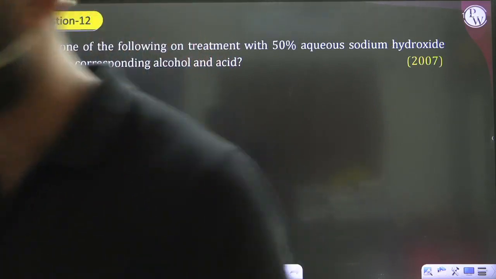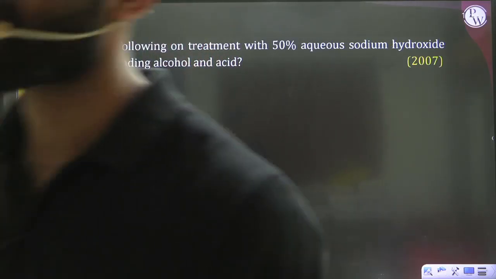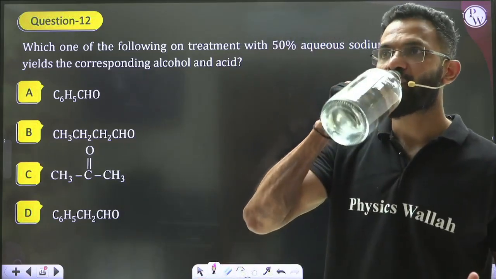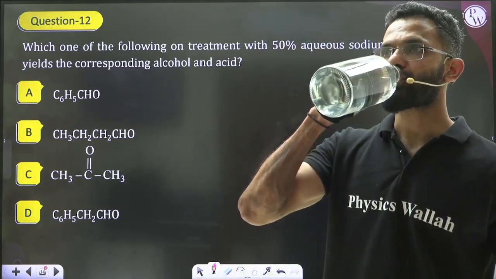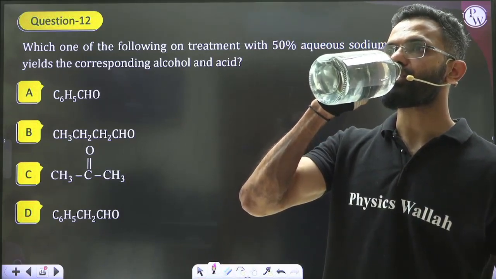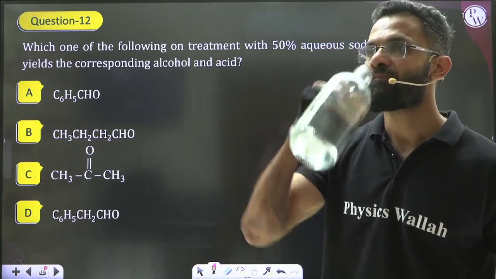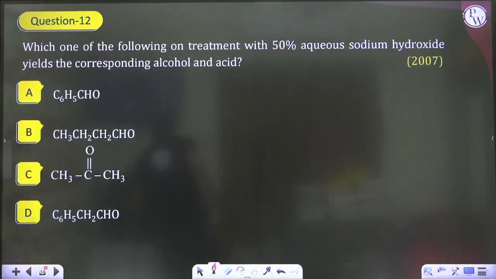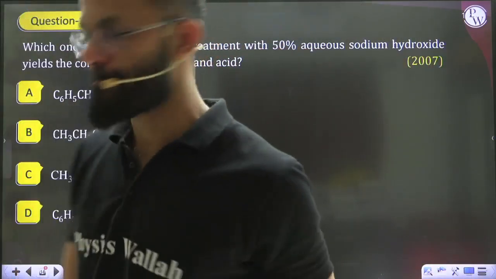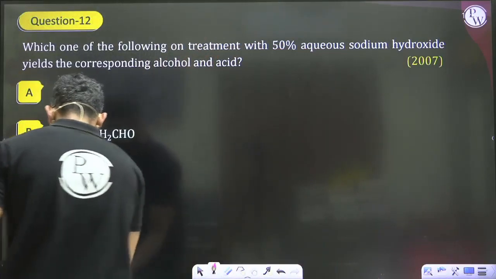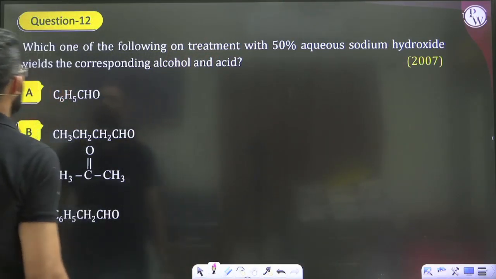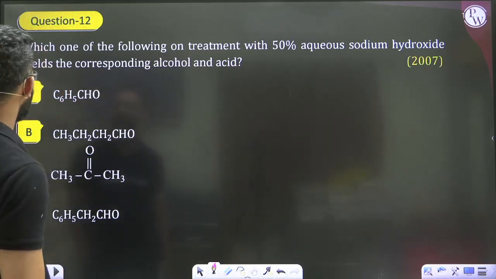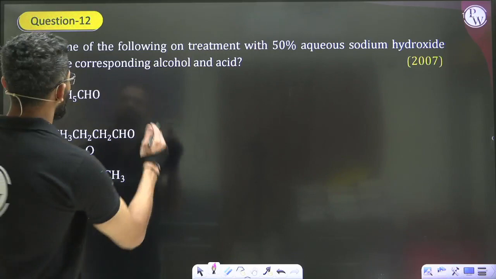Okay, everyone go through the question once again here. Okay, the question says, which one of the following on treatment with 50% aqueous NaOH yields the corresponding alcohol and acid?